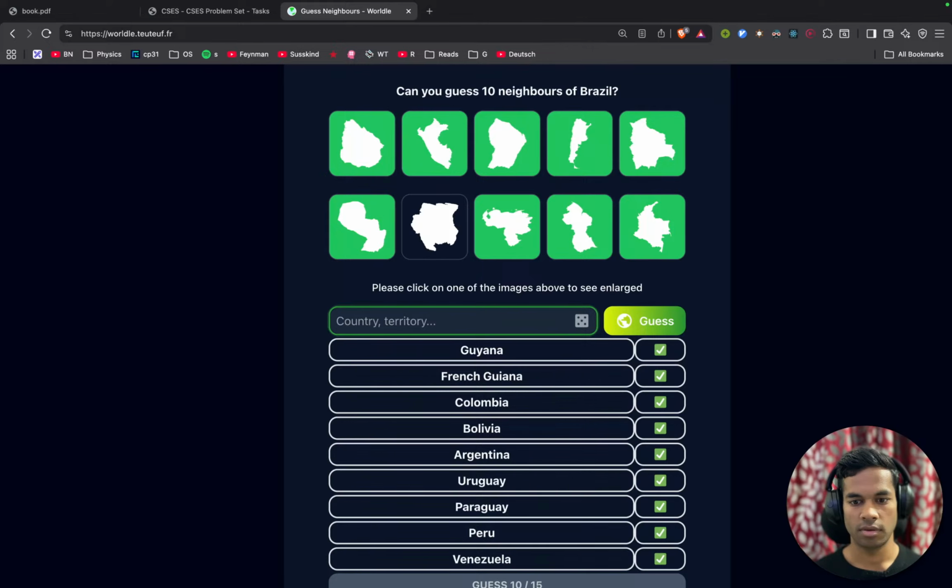Cities, Brasilia, Rio. I think Rio de Janeiro would come up, or maybe Sao Paulo. No, Sao Paulo is at the top. Area 8 million square kilometers. That is a lot of area.